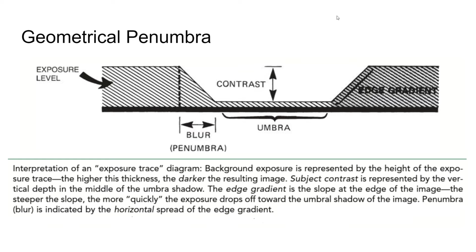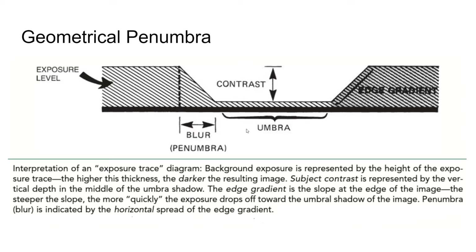So the background exposure is based on this height here. The subject contrast is actually in the middle. But for the purpose of this lecture, because this is used in a few different chapters, we're going to be paying attention mostly to this triangle area and really to that diagonal line that you see going on over here.